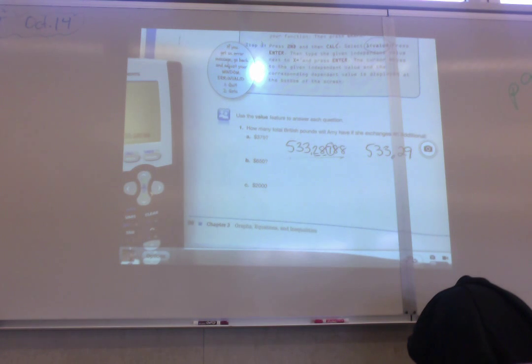Second calc. Now push enter to get the value feature. Now, once that X is routine, this is what you're going to put in.